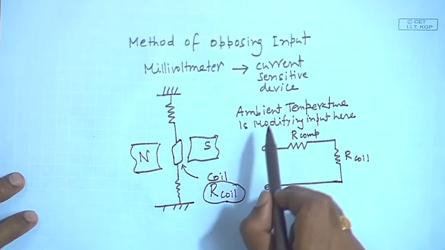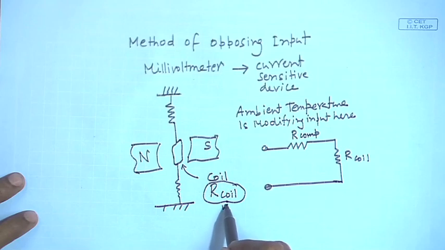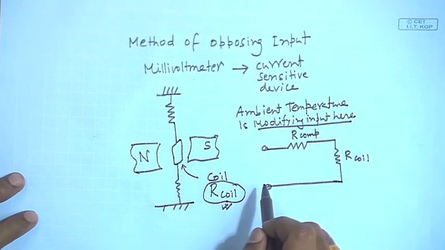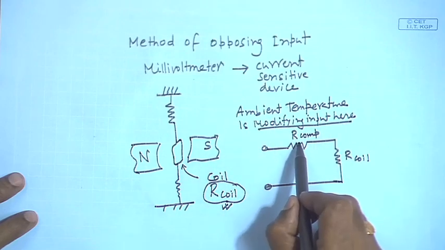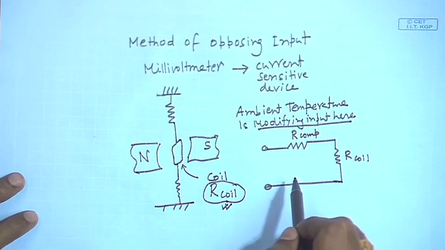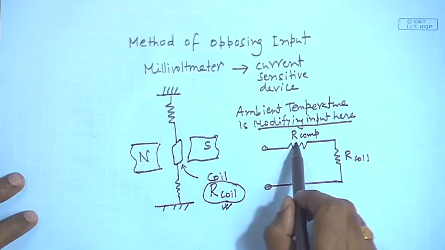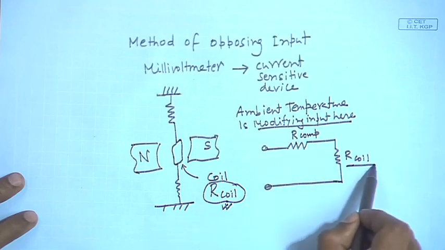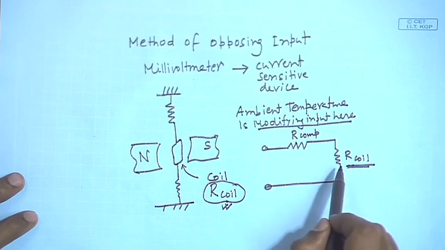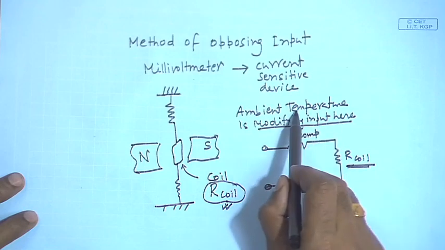Ambient temperature can change the resistance of the coil. So, it can work as a modifying input. Now, if I add a compensatory resistance in the circuit and I choose the material such that it has a temperature coefficient of resistance opposite to that of the coil, I can cancel out the effect of ambient temperature.